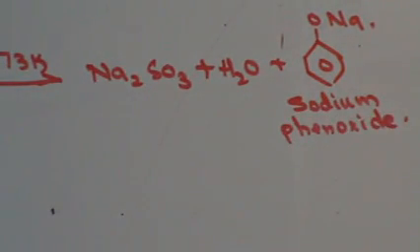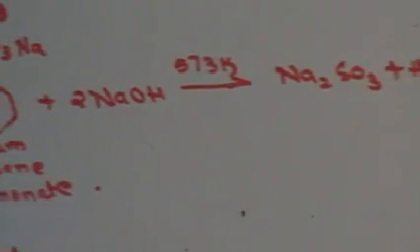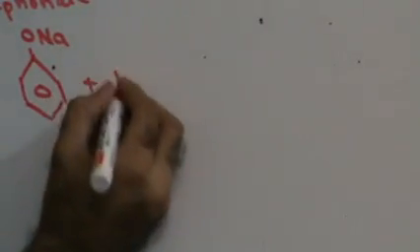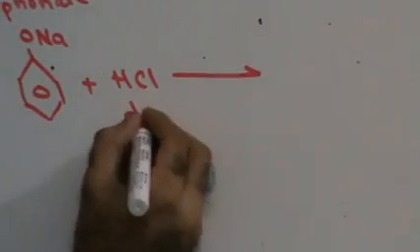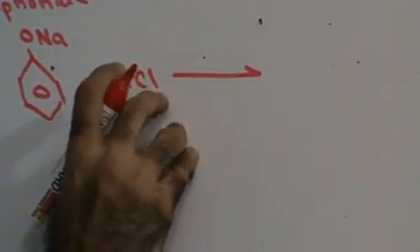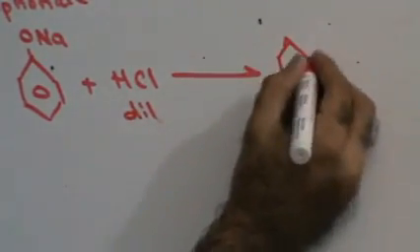Now the sodium phenoxide so formed further reacts with dilute hydrochloric acid. This is my sodium phenoxide, which reacts with dilute hydrochloric acid to form phenol.